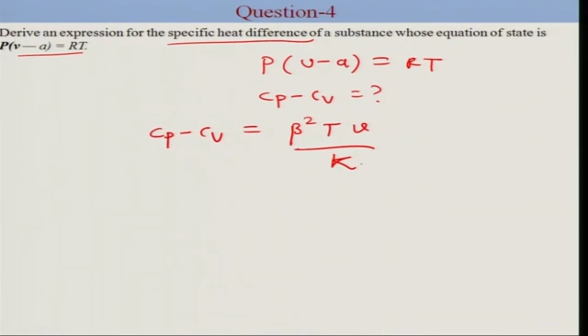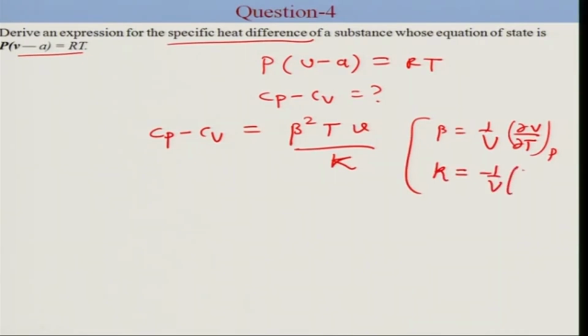So, if you see, beta is equal to 1 by V del V upon del T at constant pressure, whereas kappa is equal to minus 1 by V del V upon del P at constant temperature.